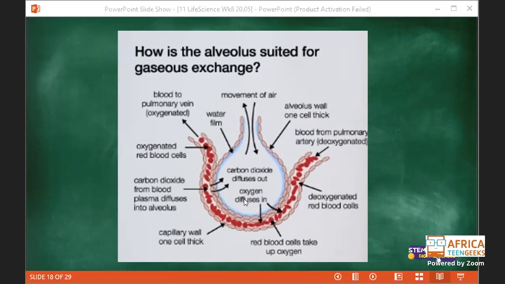And in the alveolus, we have indicated that oxygen diffuses in. And then the capillary wall is also 1 cell thick. Then carbon dioxide from the blood plasma diffuses into the alveolus, and we exhale it. Okay, and then we have oxygenated red blood cells. These are the red blood cells which have a high concentration of oxygen, and this blood goes via your pulmonary vein to the heart. From the heart, it is pumped out to all your body cells. All right.